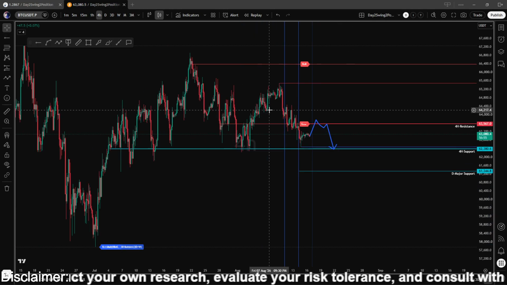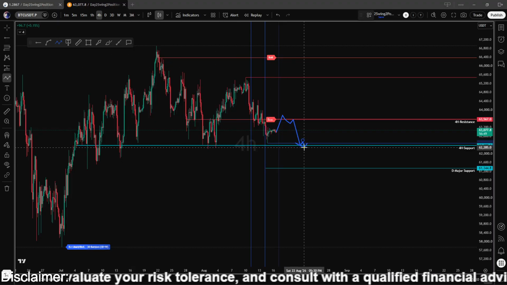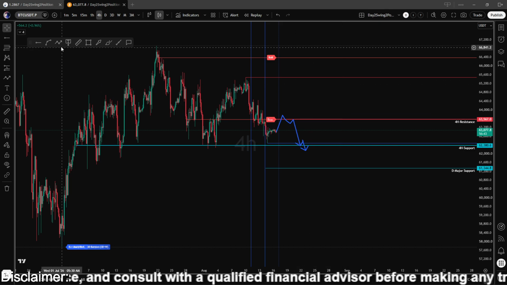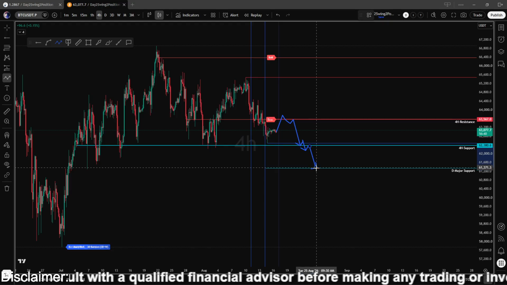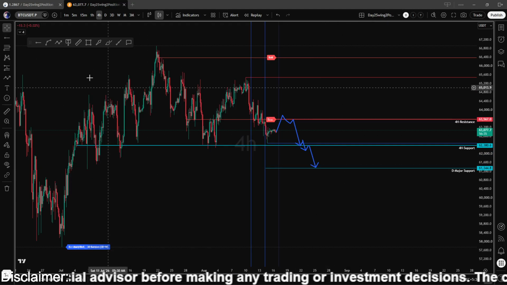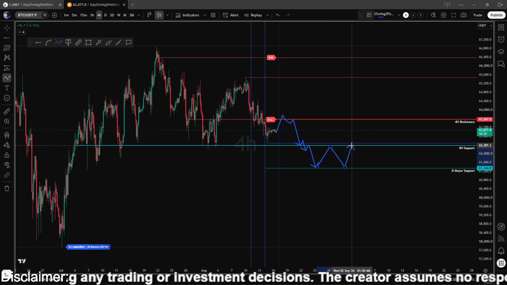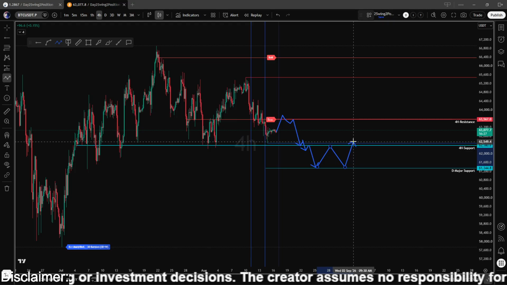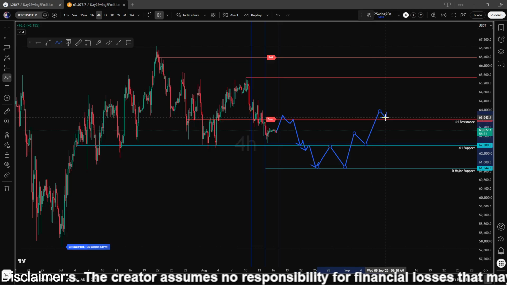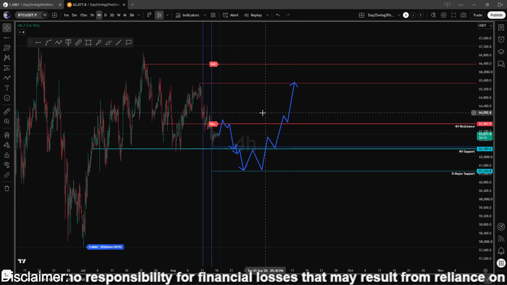This is the second scenario in the 4 hour time frame. And then eventually price may go further down, breaking this level, and then price will go for this level in this coming week. And from here onwards, price will make some sort of attempt, because this level will become a resistance, and eventually it will be broken, and something like this sort of price action we might see with BTC.